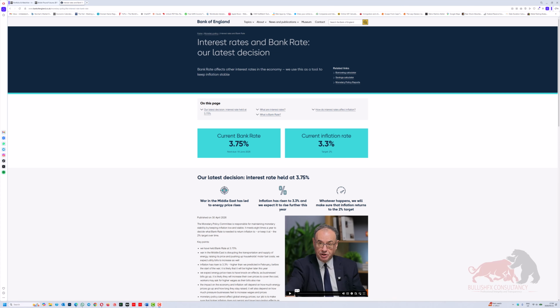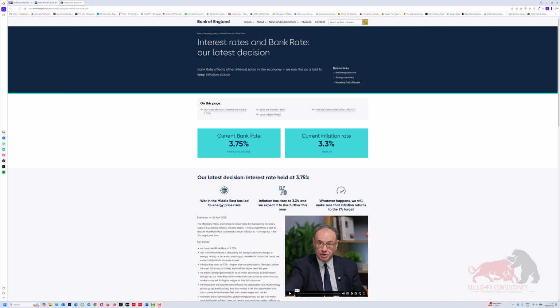So looking at rate expectations and why they matter, another major factor supporting pound USD is the market's expectation for future Bank of England tightening, right? Right now, money markets are pricing in approximately 60 basis points worth of additional hikes before the end of 2026.